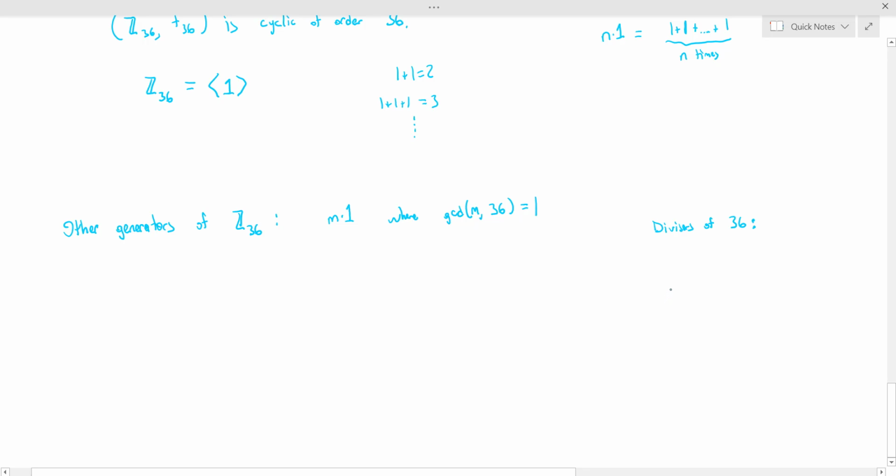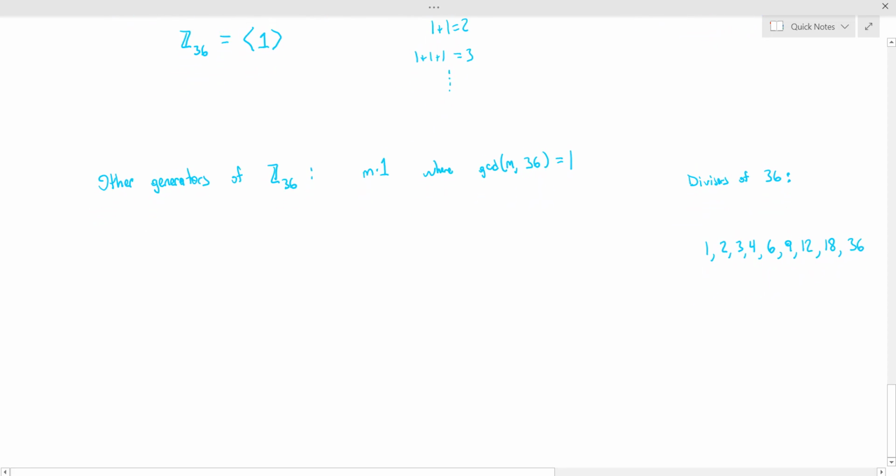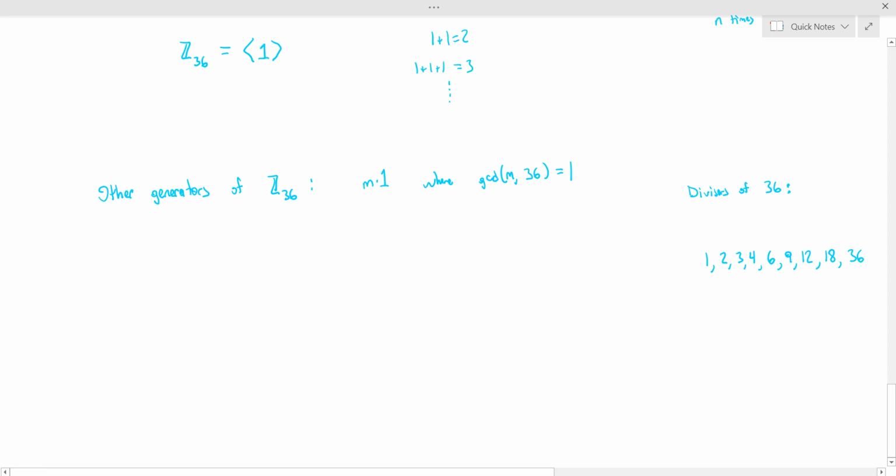The divisors: 1, 2, 3, 4, not 5, but 6, 9, 12, let's see here, 18, and then 36. Okay, so the numbers which are relatively prime to 36, oh gosh, well, let's see here.